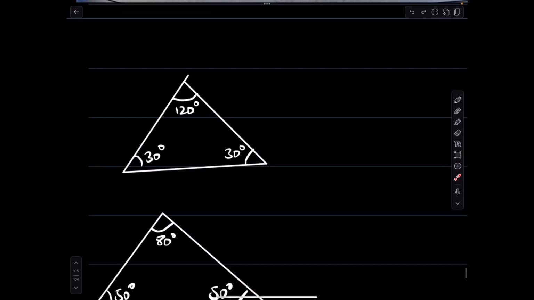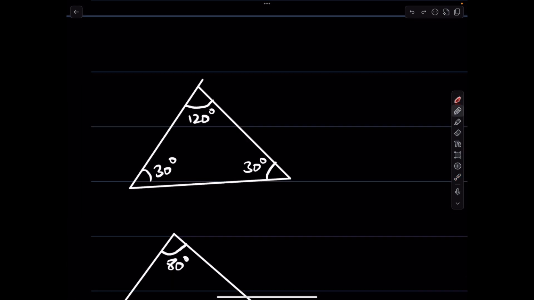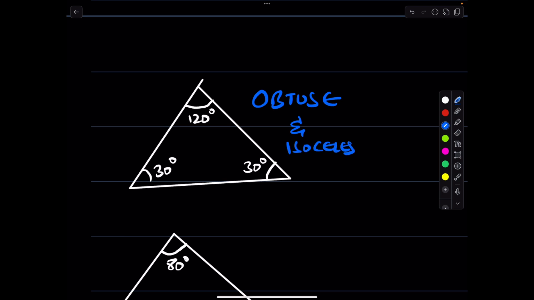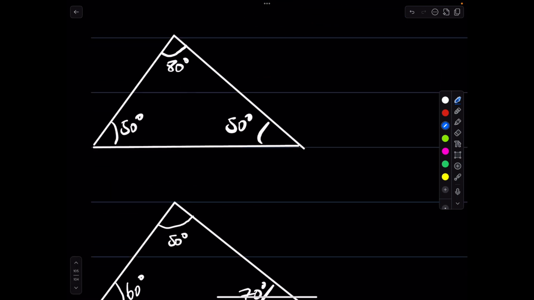Now, let's say for example we have this. This triangle has one angle greater than 90 degrees, thus it is obtuse, and has two equal angles, that is, it is also isosceles. Then we have this triangle.